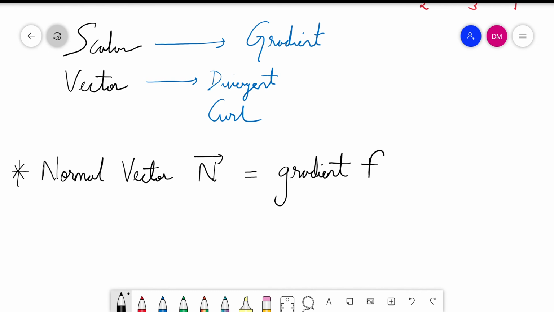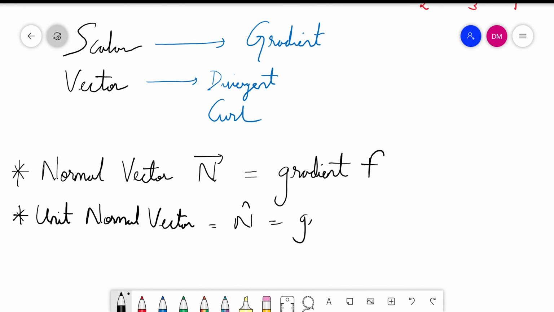And the unit normal vector, that is n cap, can be written as the gradient of f divided by the mod of the gradient of f.